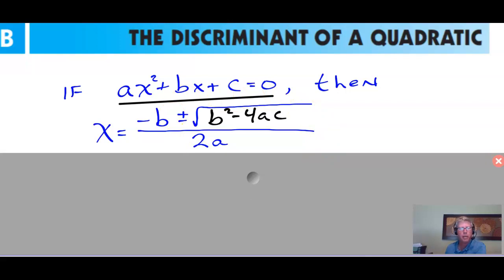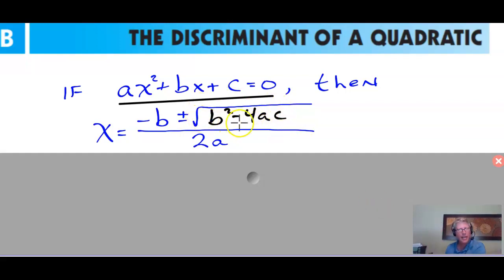The roots are given by that good old quadratic formula, and there's a nice little expression underneath the square root called the discriminant, b squared minus 4ac. Now, a, b, and c are just numbers, so when we plug that in, we're going to get a number. Great, that's what we're in this class for.